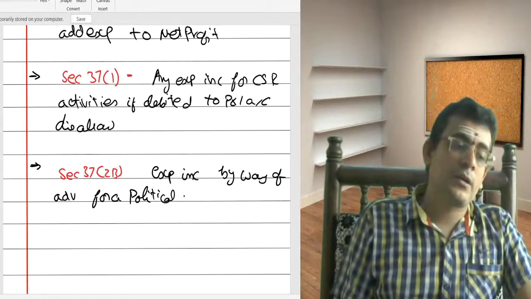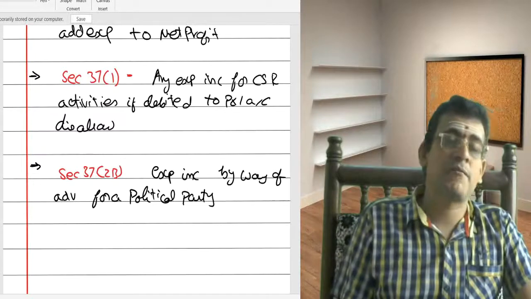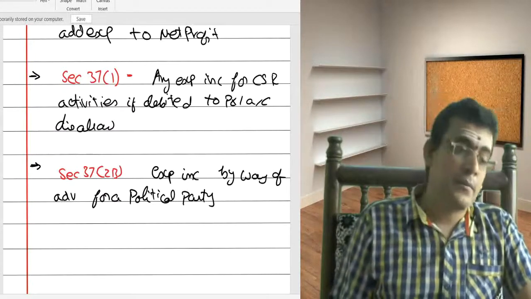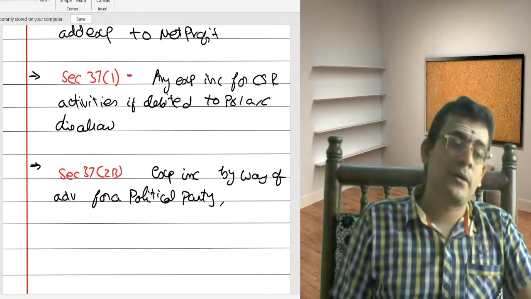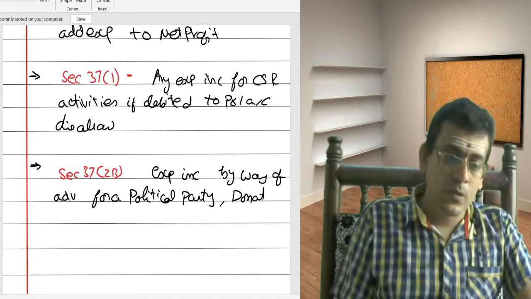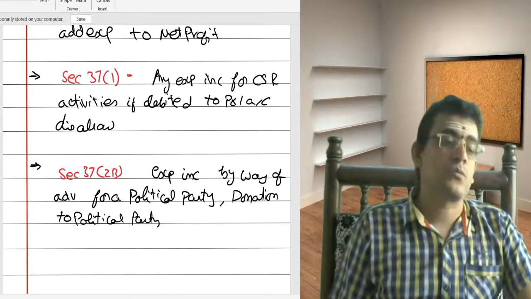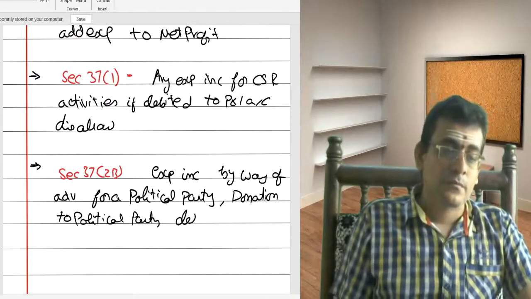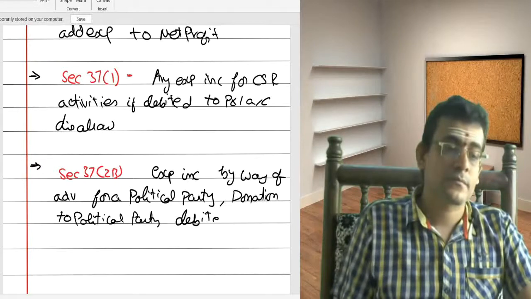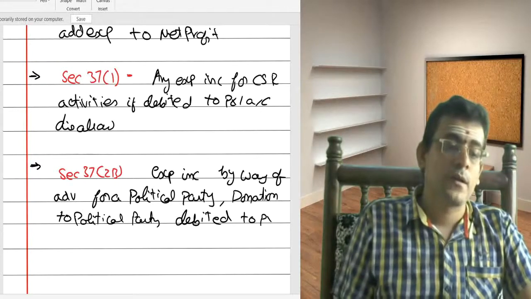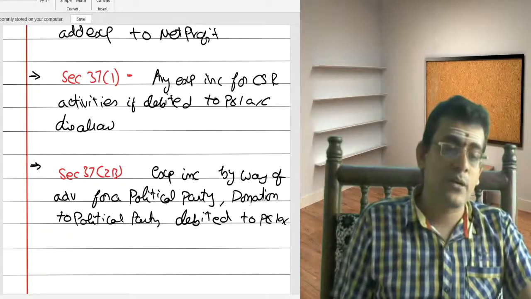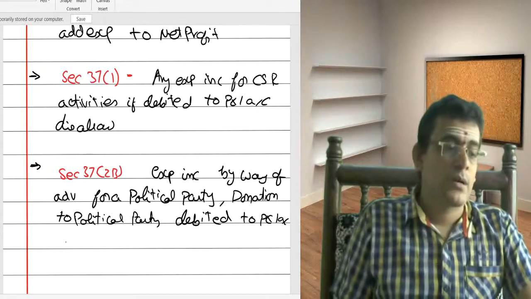So whenever you incur any sort of expenses for the benefit of a political party, that may be advertisement expenses or that may be a donation to a political party, whatever it is, that is not to be allowed as a deduction. It is disallowed. So any expenses by way of political party donation debited to the P&L account, then what do I have to do?